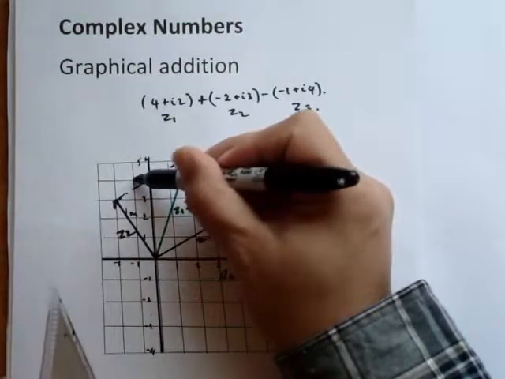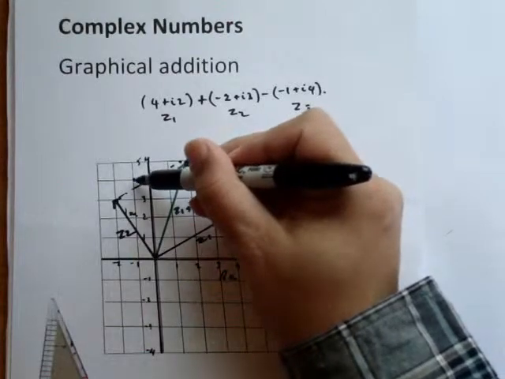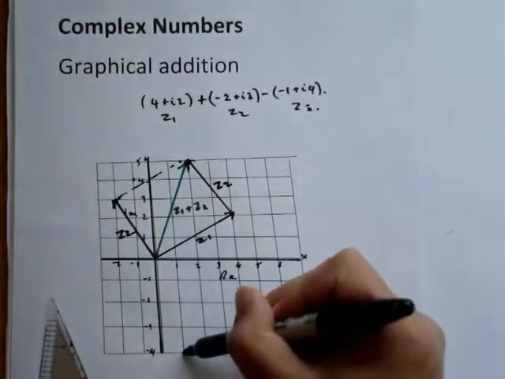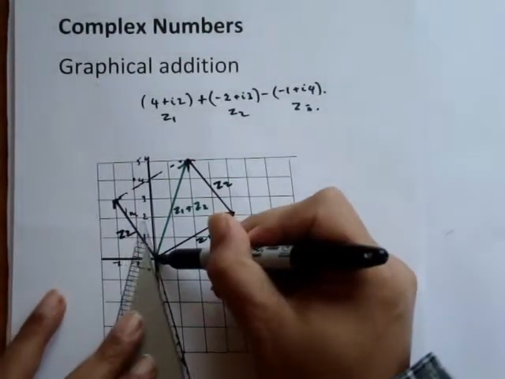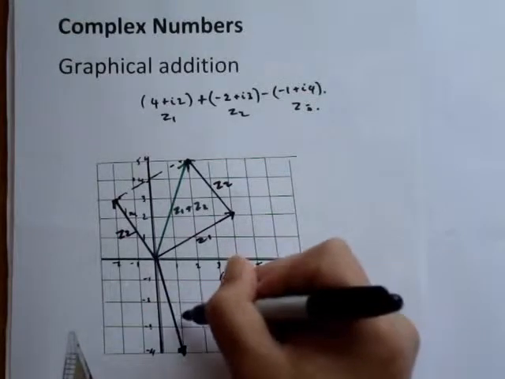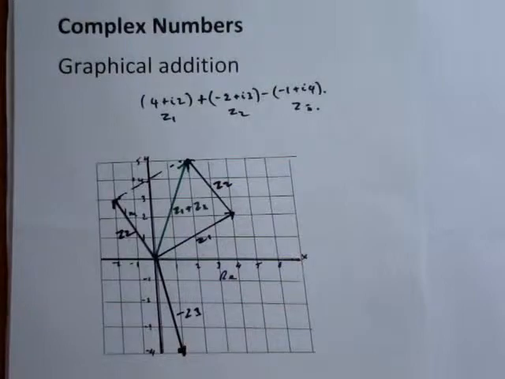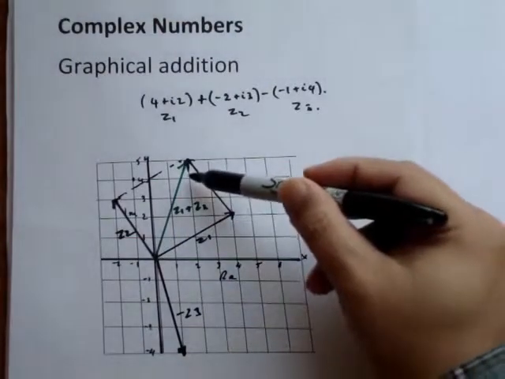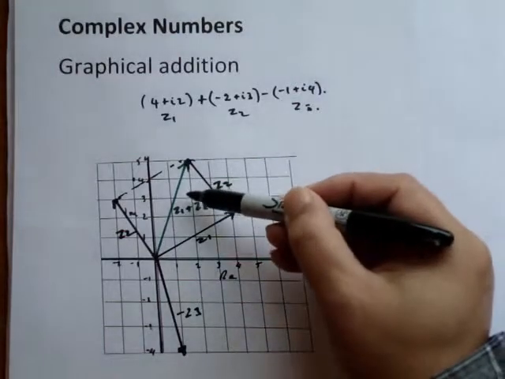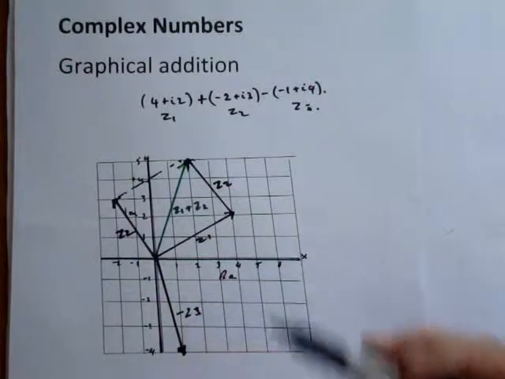So instead of going to minus 1 along the real axis to 4 along the imaginary axis, we're going to go 1 along the real axis, minus 4 along the imaginary axis, and this gives us minus Z3. Now we want the resultant vector, so this would be Z1 plus Z2 plus minus Z3.